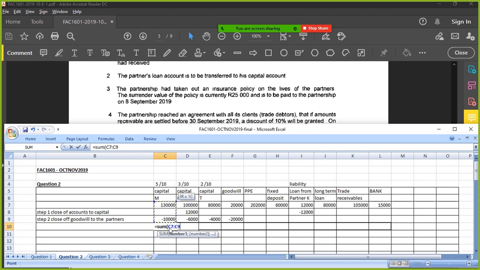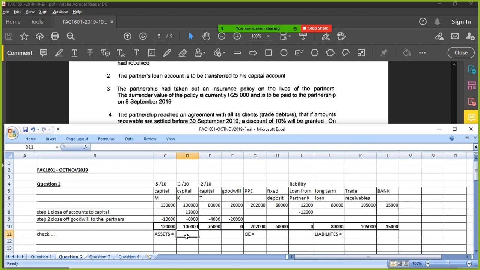Then I want to do a check. The check you don't have to do, I just do it because I want to be accurate. Let's write down assets equal owner's equity plus liabilities. What assets do I have?